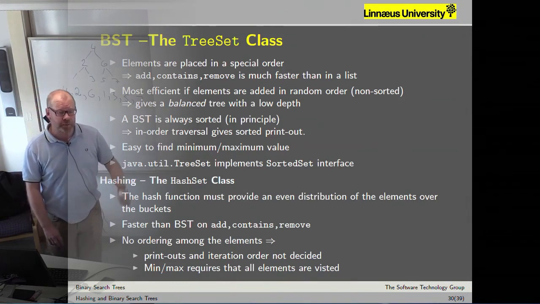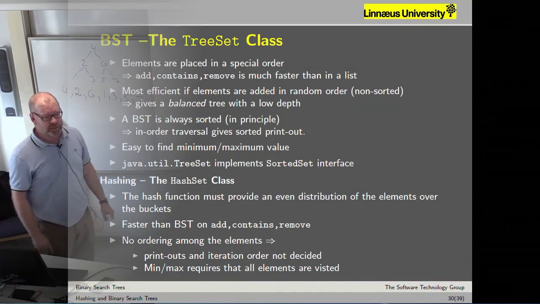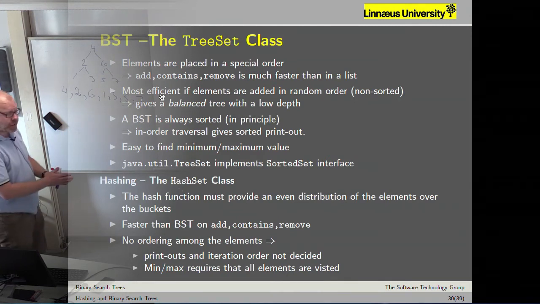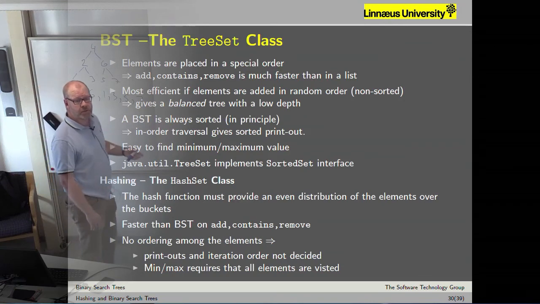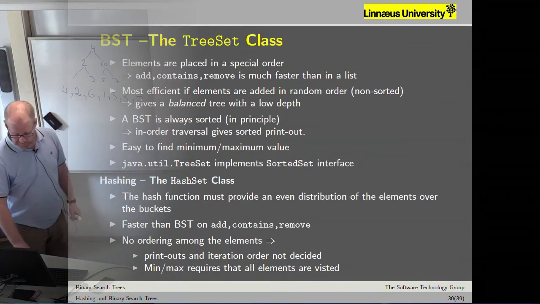To find the smallest element in a hash table, you have to traverse every linked list in every bucket. So if speed is essential and sorting is not important, you should always use the HashSet. If you depend on getting them in sorted order or finding the minimum or largest one, you should use a binary search tree.